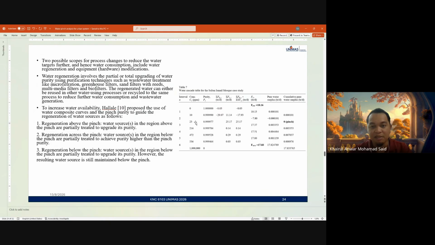But for across the pinch, you need to treat how much? 14, 25.17. You need to treat it above the pinch. This is a guide by this person.